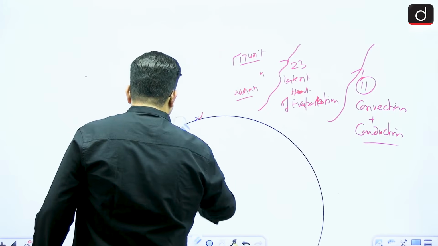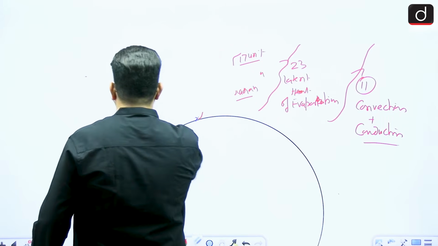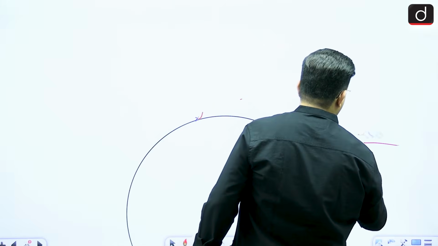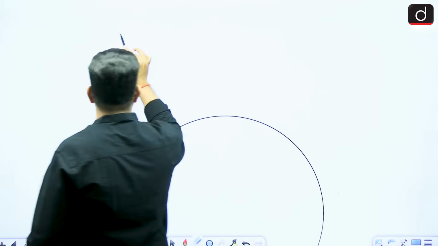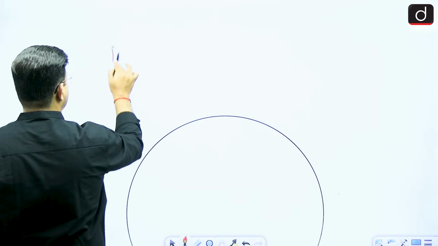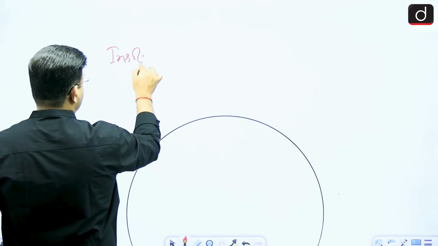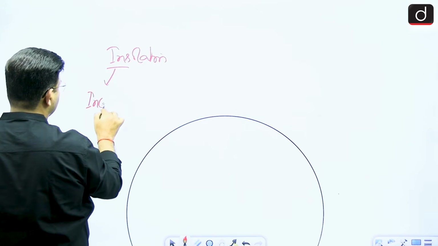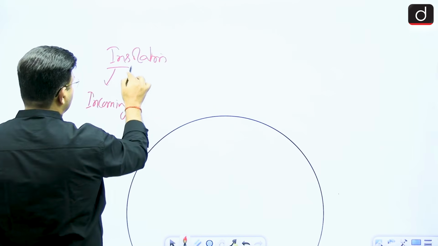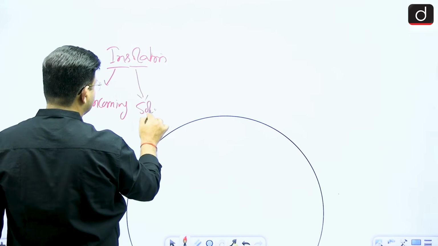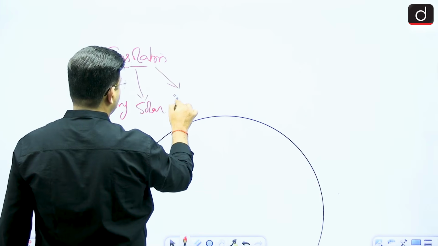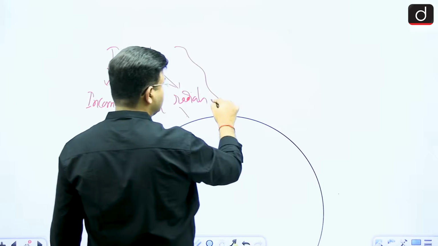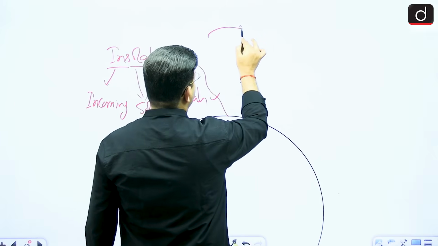Insolation means incoming solar radiation: in is incoming, sol means solar, and ation means radiation. So the incoming solar radiation which is coming toward the earth's surface.